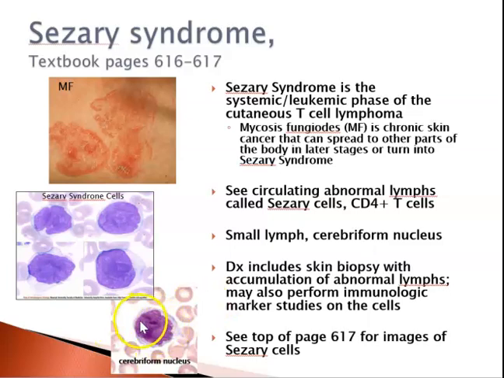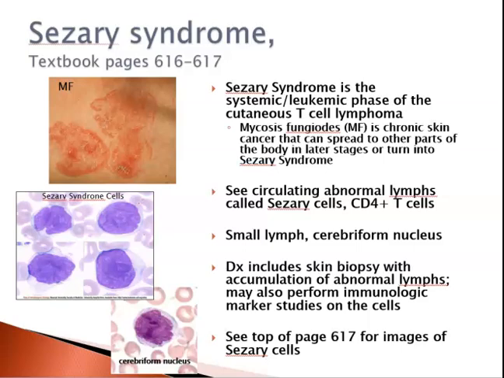And this is a good example of the nucleus looking like a little brain or brain tissue. The diagnosis for this disease is usually a skin biopsy, and in that skin biopsy you have an accumulation of abnormal lymphs. In addition to the biopsy, an immunologic marker test can be performed to help diagnose a patient with Sézary syndrome.